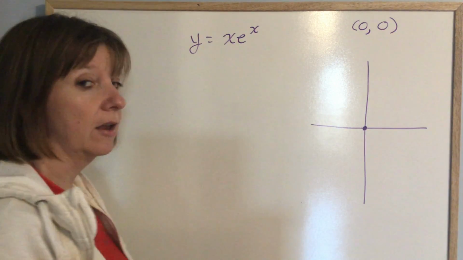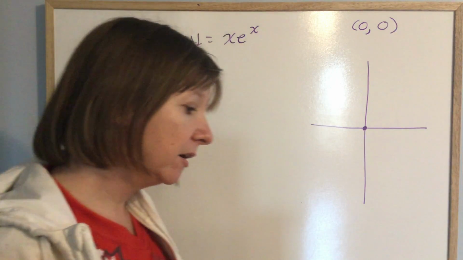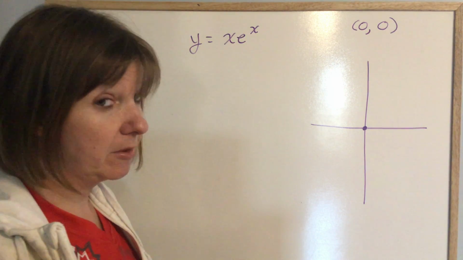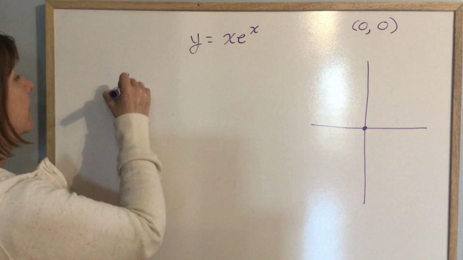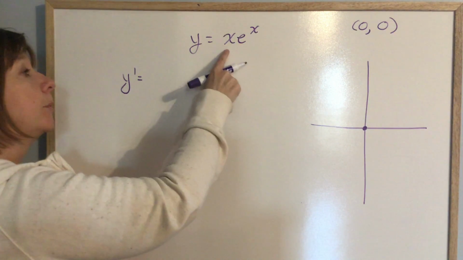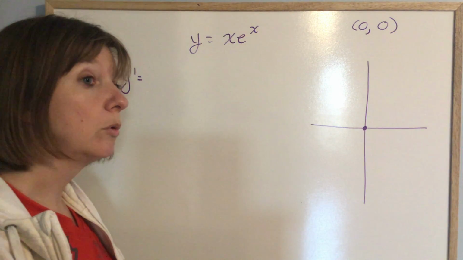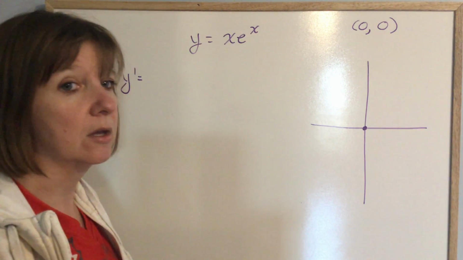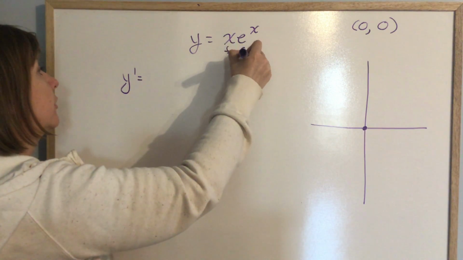There just aren't any others. But now I need to talk about maximums and minimums. So if I'm going to talk about maximums and minimums, I need to find the derivative. If I'm going to find the derivative of this, I have to do the product rule, just like I just finished doing in the homework. So here's f, here's g.